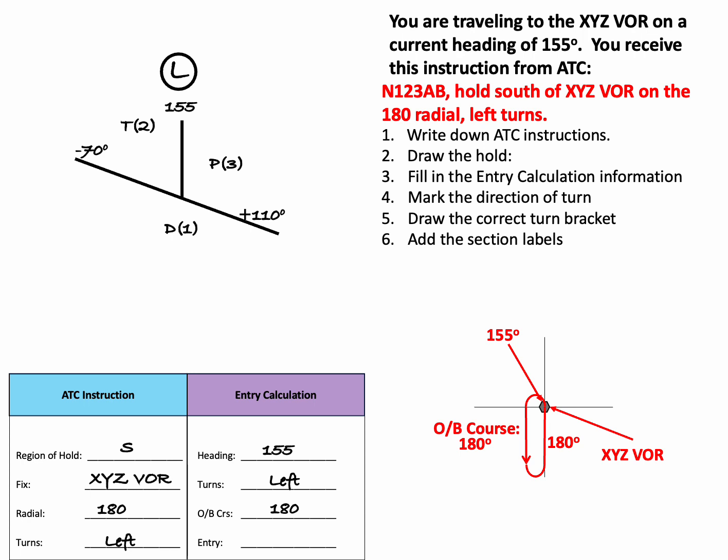Then write the heading below the L. After that, subtract 70 from the heading of 155 and label the teardrop direct boundary 085. Then label the parallel direct boundary by either adding 110 to the heading or adding 180 to the teardrop direct boundary to get 265.